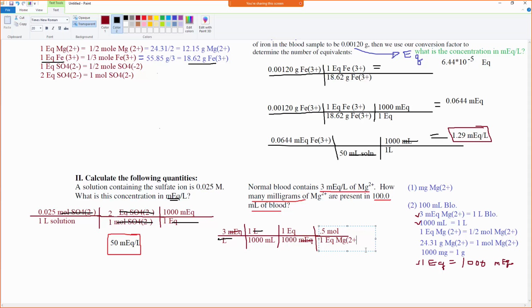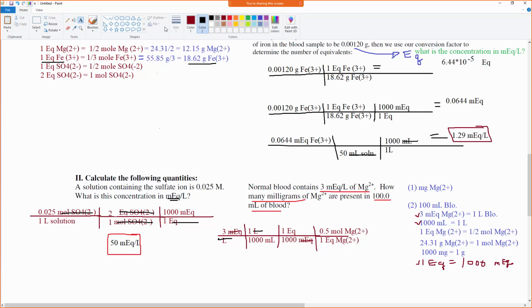Not true for everything else, but excellent. That takes us from equivalents to moles. So now I have moles per milliliter.